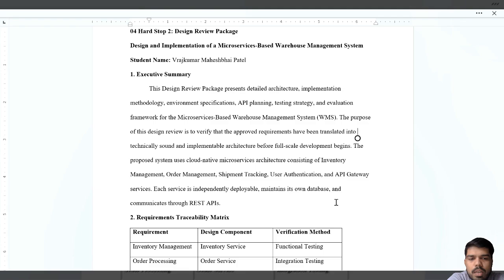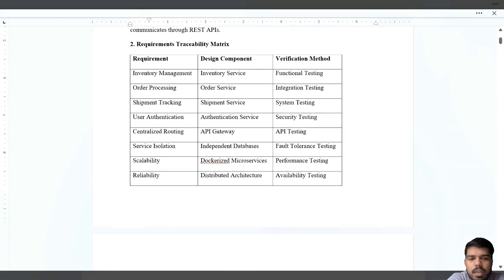existing services. Going to the next slide, the requirement traceability matrix. The requirement traceability matrix ensures every project requirement is connected to a design component and testing method. For example, the inventory management requirements are implemented through the inventory service and verified using functional testing.